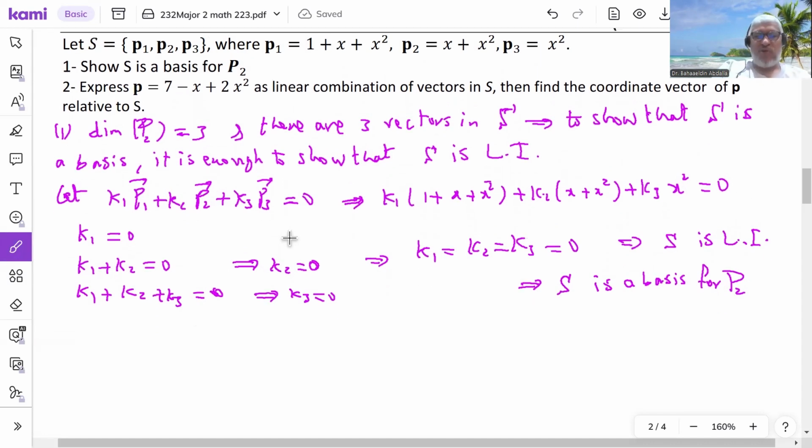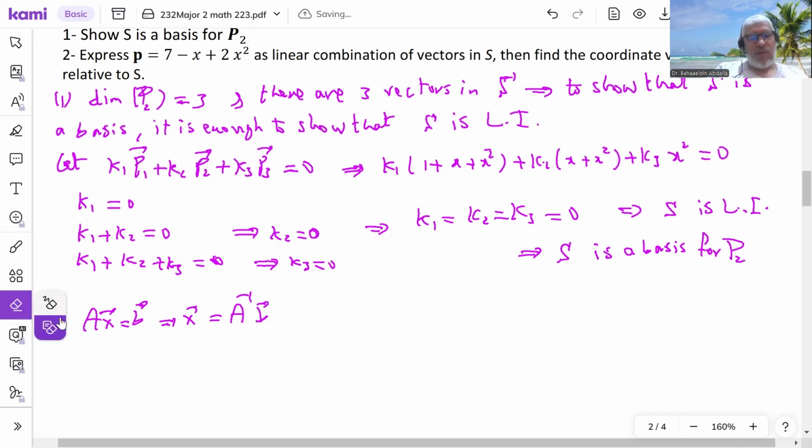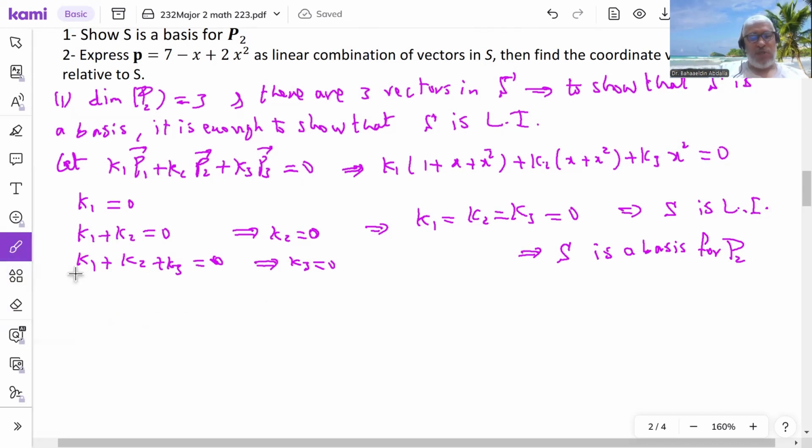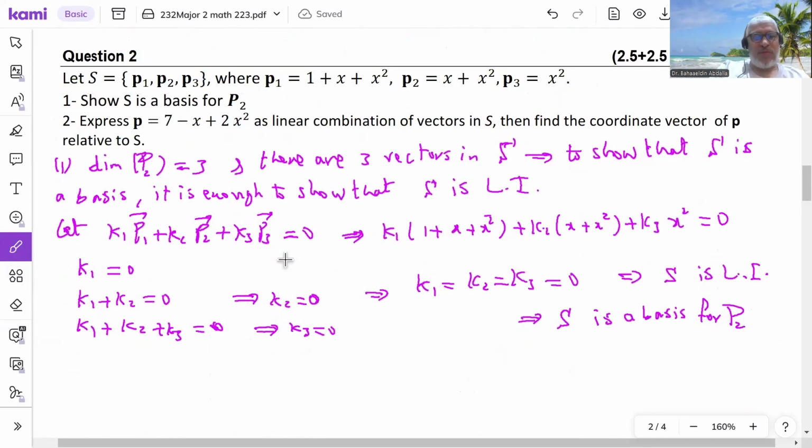You can find the solution using AX equals B, and then X would be A inverse times B. This system was easy, and I just wrote the system and found the solution, so I did it like this. This is part one.